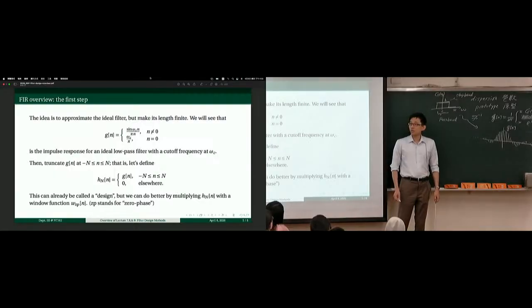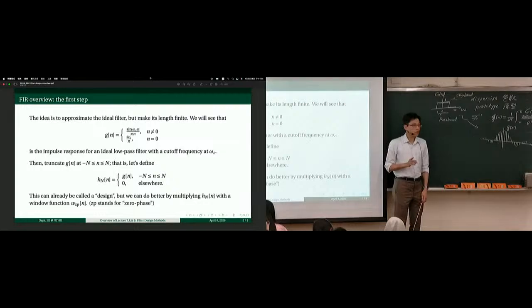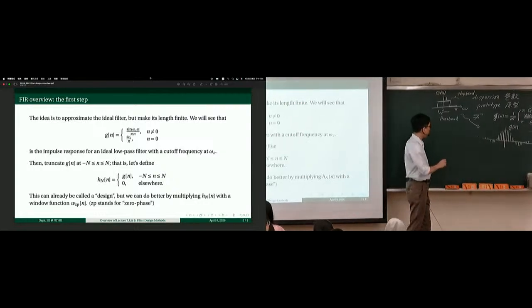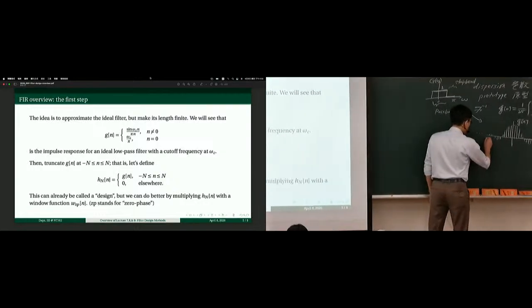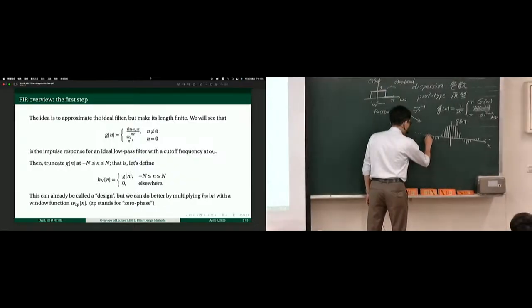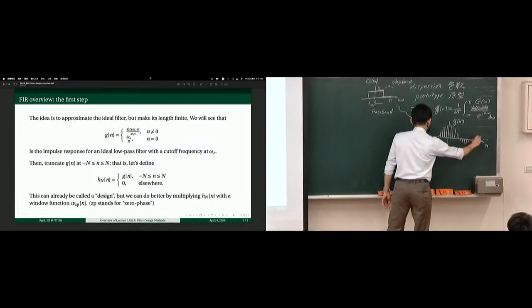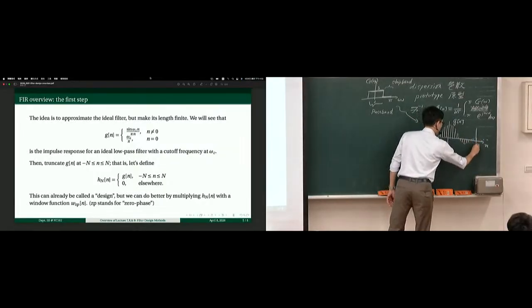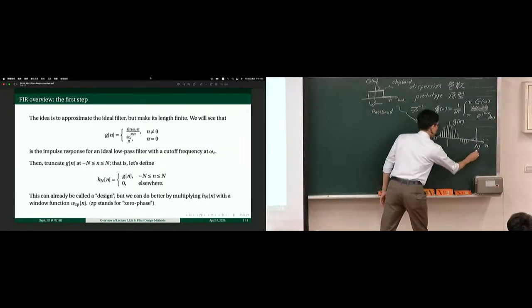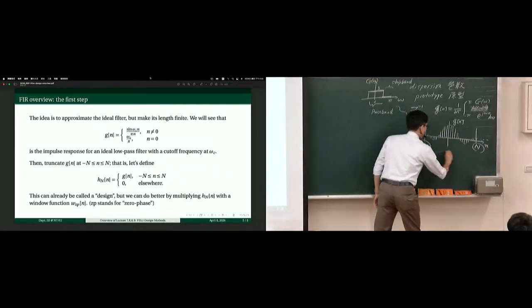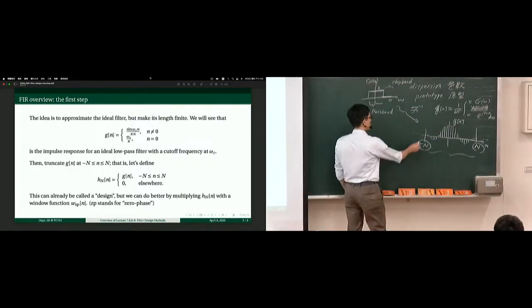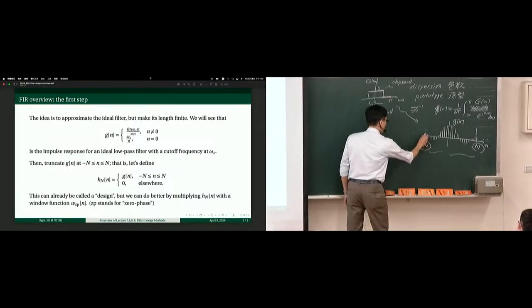So very naive, remember the word naive, right? 天真的, right? Let's do it the naive way. The naive way I will suggest is, how about we just truncate the ideal response from minus N to N. Just keep the middle part, while setting everything else to 0.